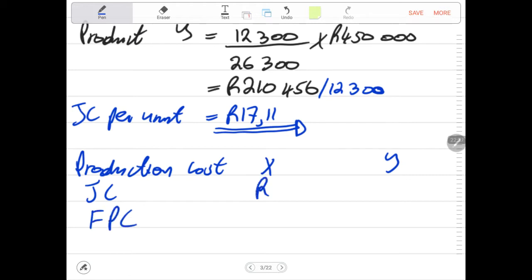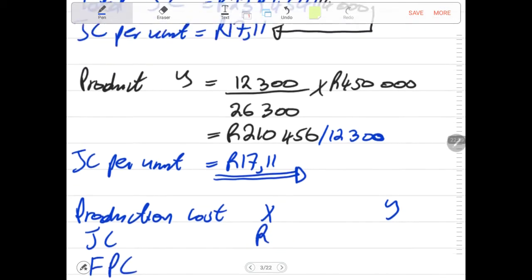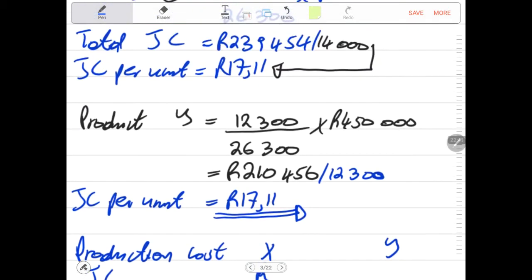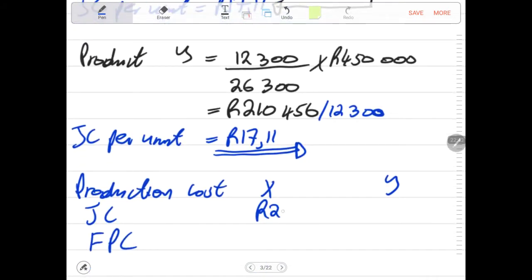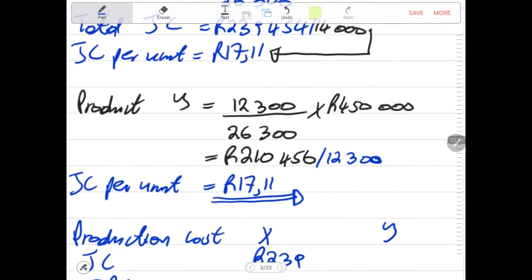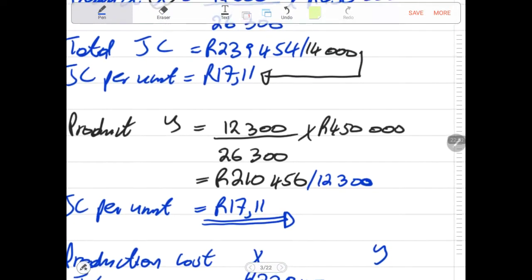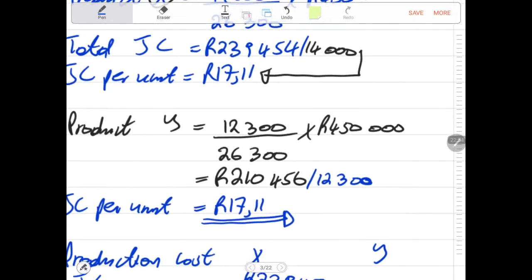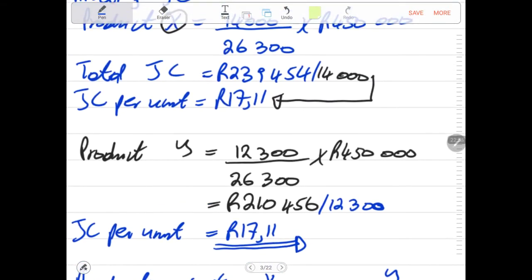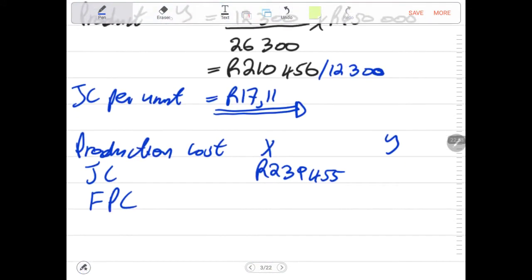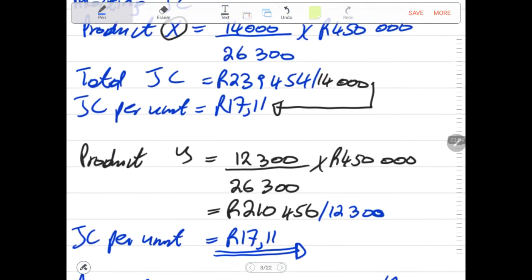Our joint cost, which we know, it is 239,000. Let me just verify this.